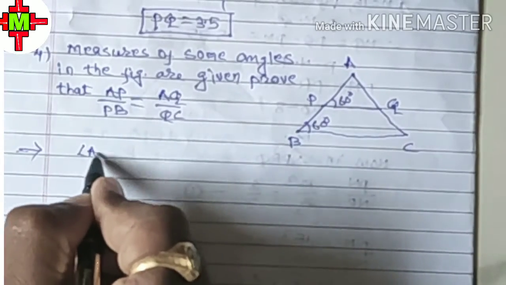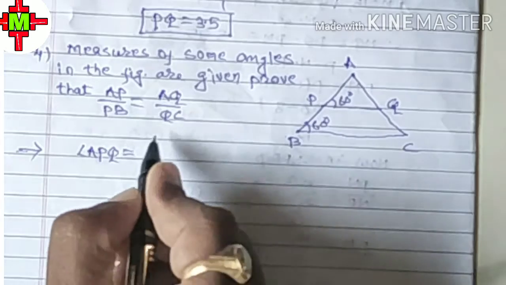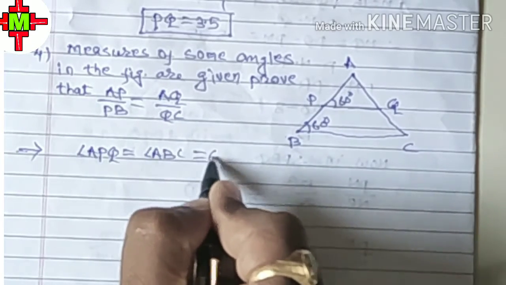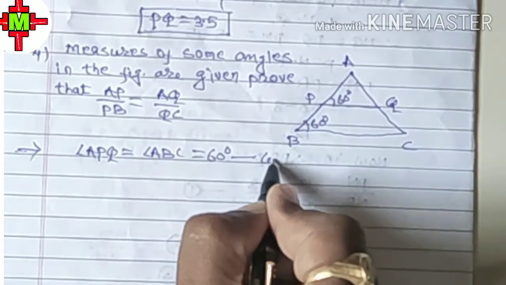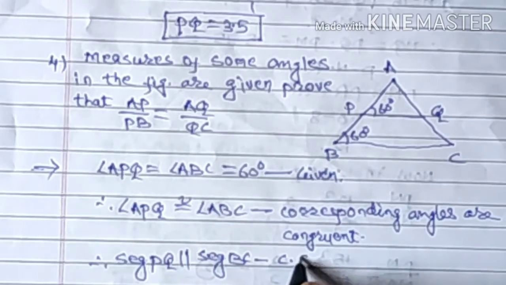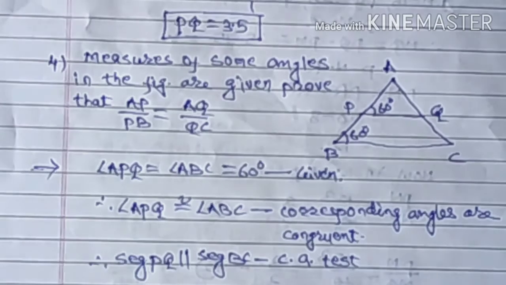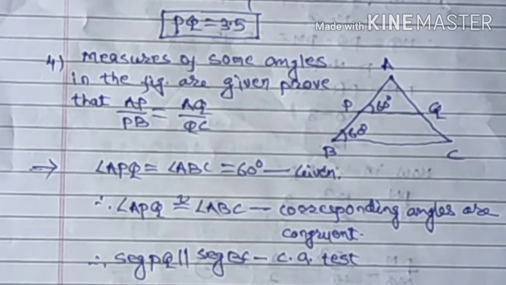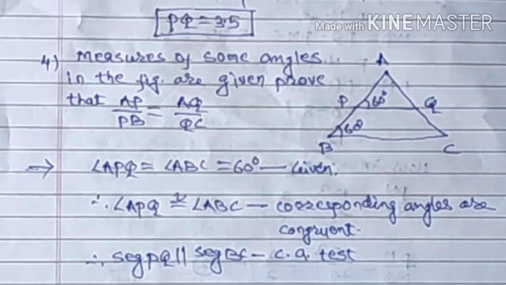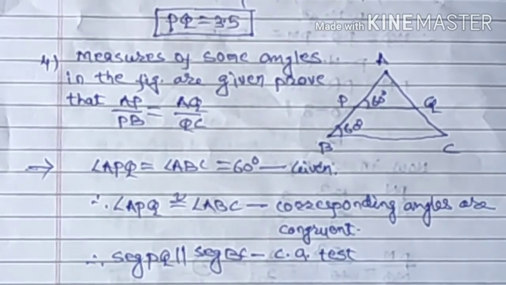Angle APQ is equal to angle ABC is equal to 60 degree given. Corresponding angle test. Therefore, in triangle ABC, PQ parallel to BC.